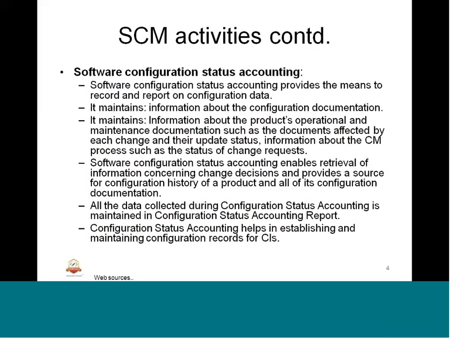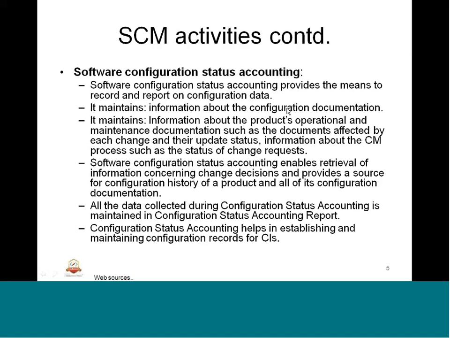Next we have studied about software configuration status accounting. Here basically what we do is we get the complete information about the configuration of the entire project lifecycle items, specifically the CIs or the configuration items. It maintains the information about the configuration documentation.